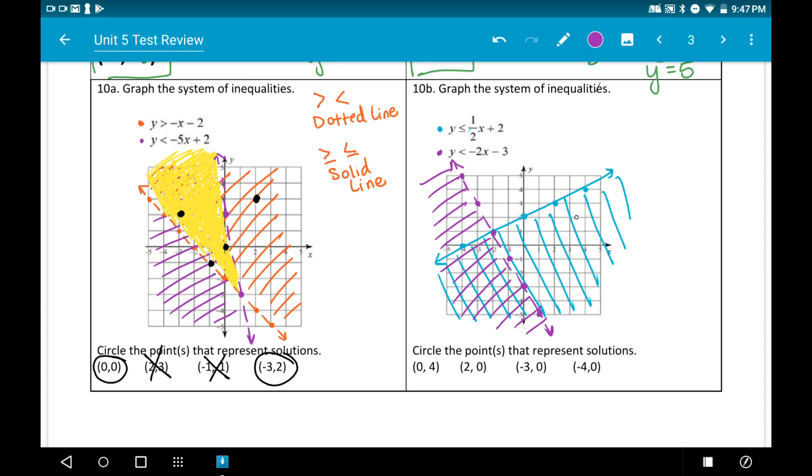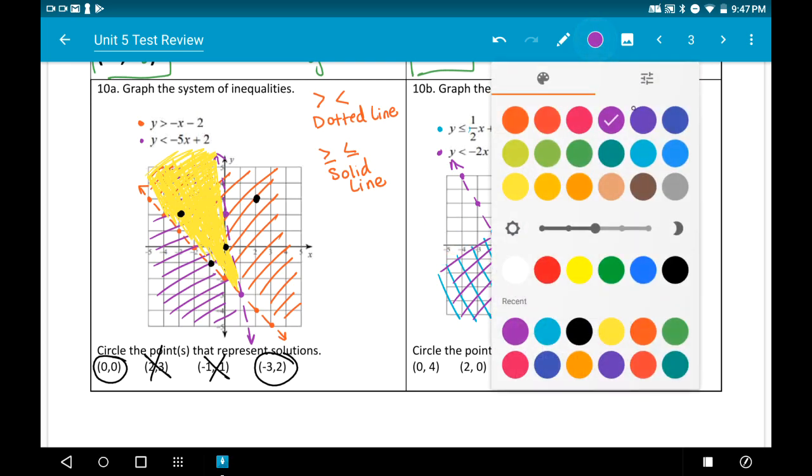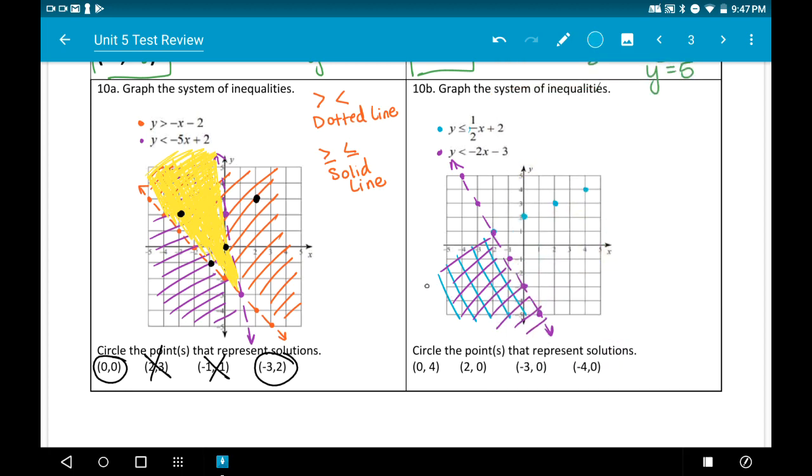This is only blue, we don't care. So if you have a multiple choice question, it's not going to show these areas that are only shaded for one. So what I'm going to do is go ahead and just erase them. And I didn't mean to erase the whole blue line, but let's put that back in. That was the solid line.